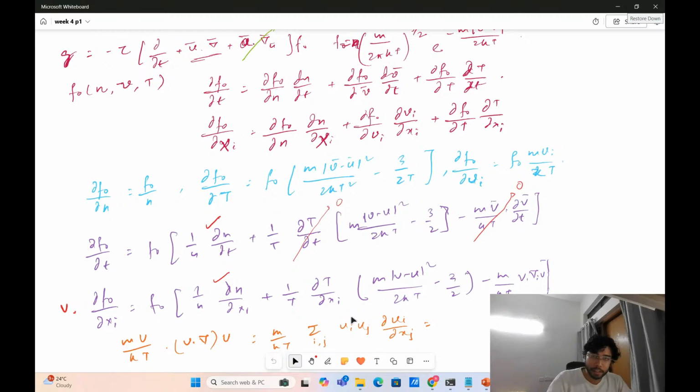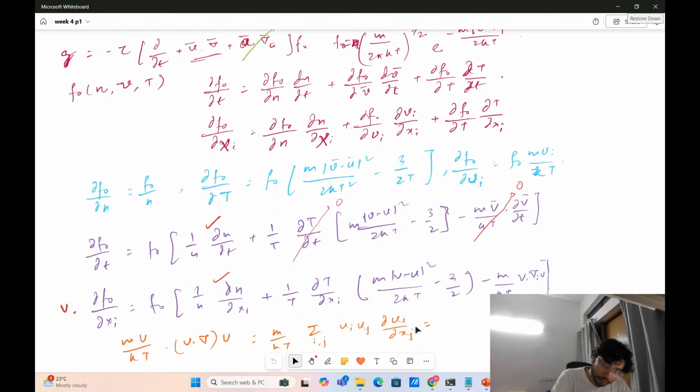Now this is a symmetric tensor, so ui times uj is equal to uj times ui, and that holds the property of symmetricity. On the other hand, this you can decompose into symmetric and antisymmetric components.